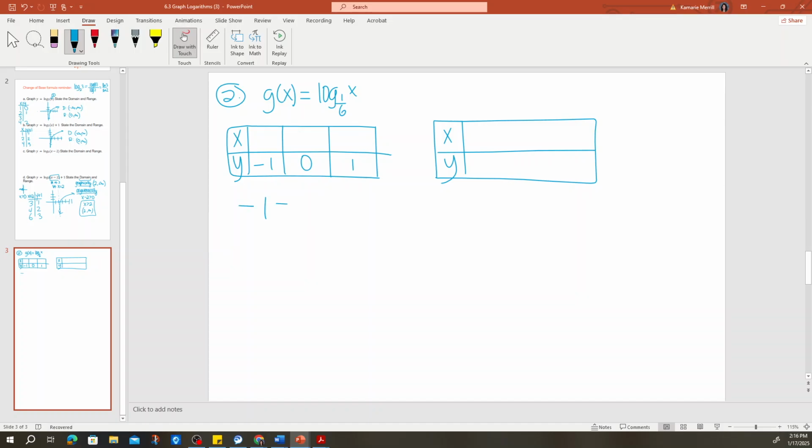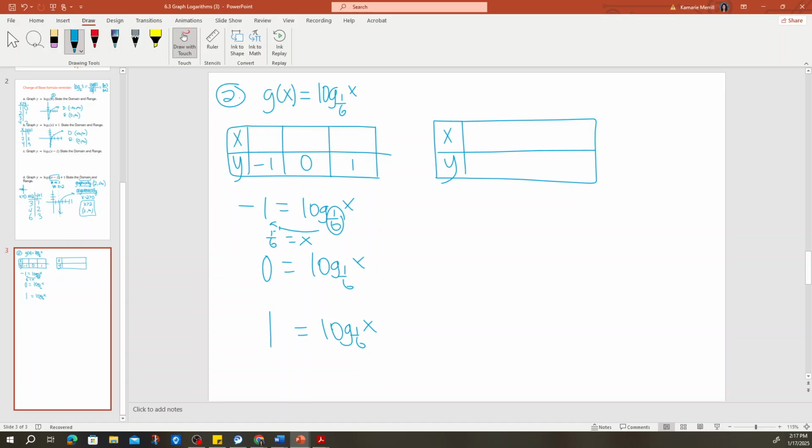So he's going to do -1 is equal to log base 1/6 of x, 0 is equal to log base 1/6 of x, and 1 is equal to log base 1/6 of x, right? We can sit there and calculate those. 1/6 when converted would be raised to a negative 1, which is x.